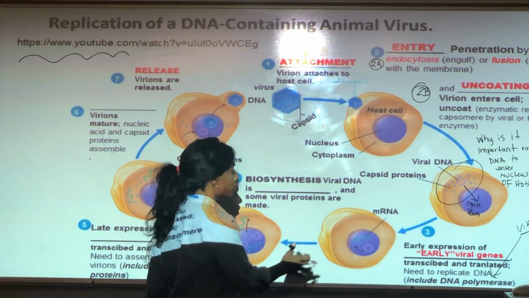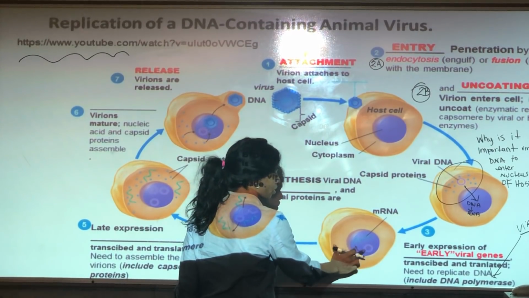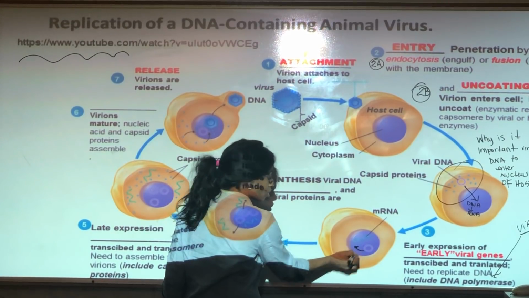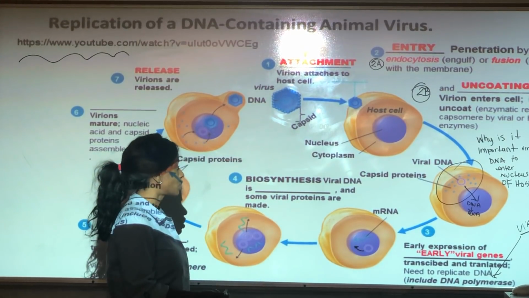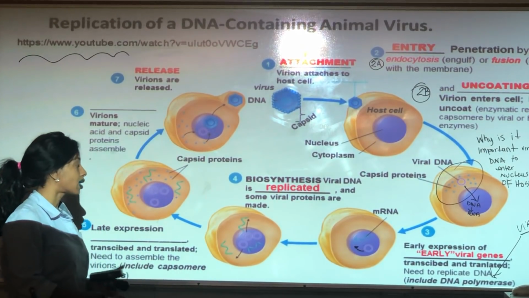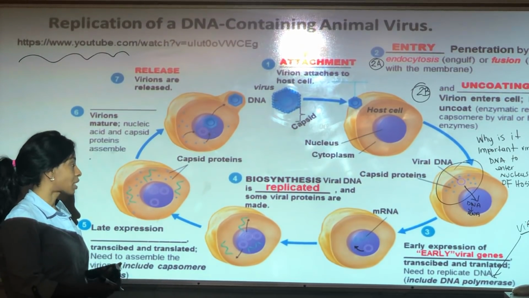All right, so here we said that this was the actual DNA. The DNA was then made into the RNA, so we said it was expressed. And in this case, once this is done, then the actual virus can be replicated.